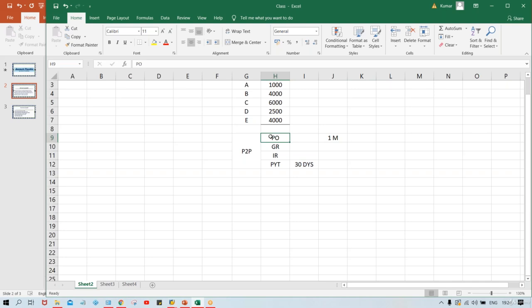Now I'll tell you about non-PO invoices. Non-PO invoices means what, guys? Let's take the example of utility services. Say Tata Motors is consuming electricity. The electricity board is also giving a kind of service, right?